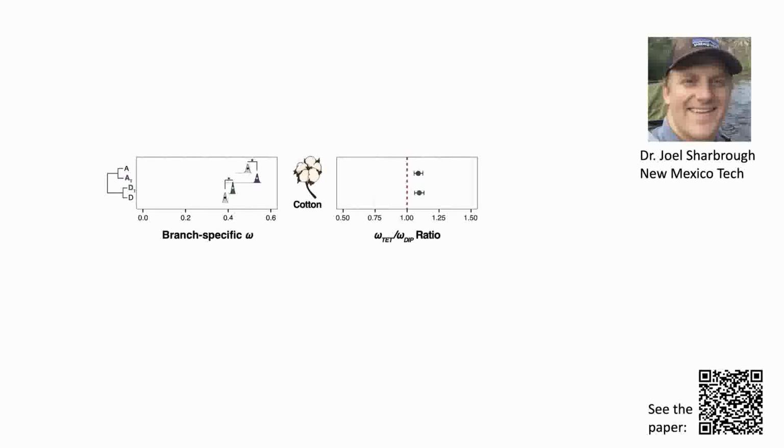So for cotton here, if we look at the tree on the left, the 2 middle branches are the 2 tetraploid subgenomes with both of the diploid progenitors on either side. And if we look at the dN/dS ratio, or omega as is shown here, we do see that there are consistently higher dN/dS values for the polyploid subgenomes than for the diploids.